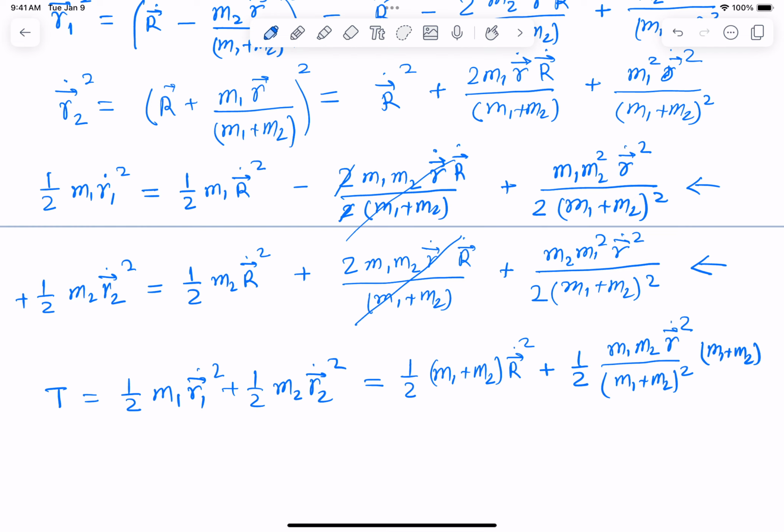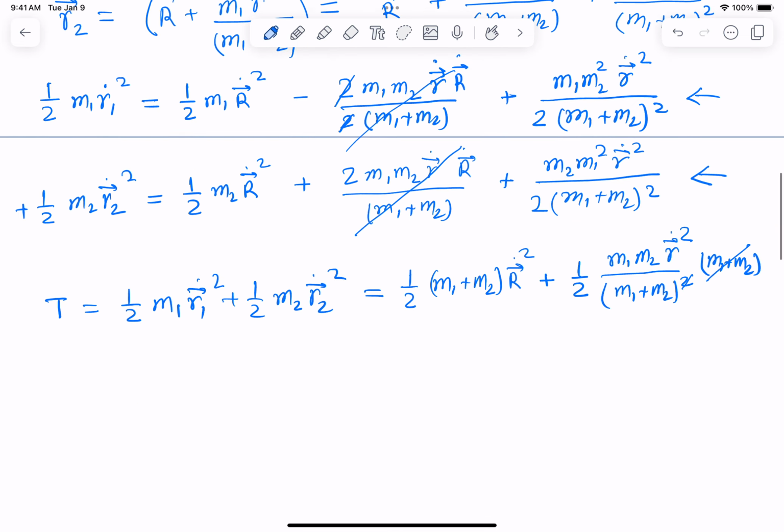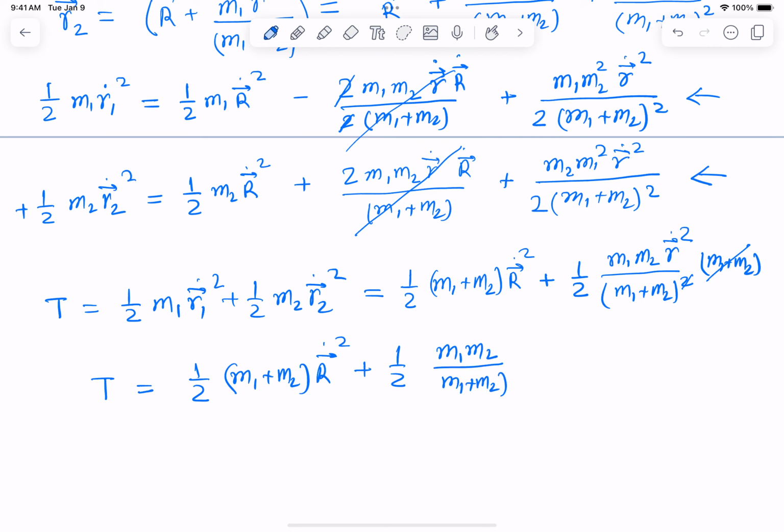Okay, and one of these m1 plus m2 will cancel with the m1 plus m2 in the denominator, so you can cancel these things, and eventually your kinetic energy essentially becomes half of m1 plus m2 R dot squared plus half of m1 m2 by m1 plus m2 small r dot squared.